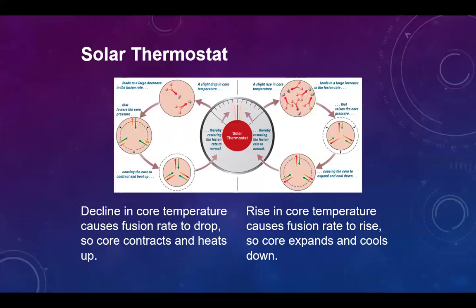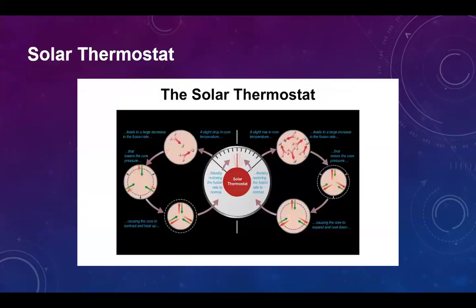A rising core temperature causes the fusion rate to rise, so the core expands and cools down. And this leads to a self-correcting loop. It's what's called negative feedback, which is better than positive feedback. Positive feedback causes something to get bigger and bigger and bigger and explode. So this is the solar thermostat. It works a lot like a thermostat.